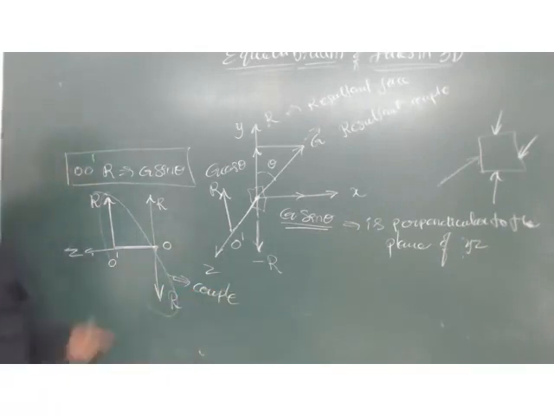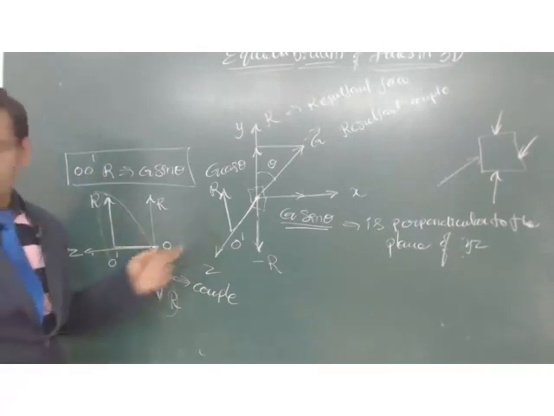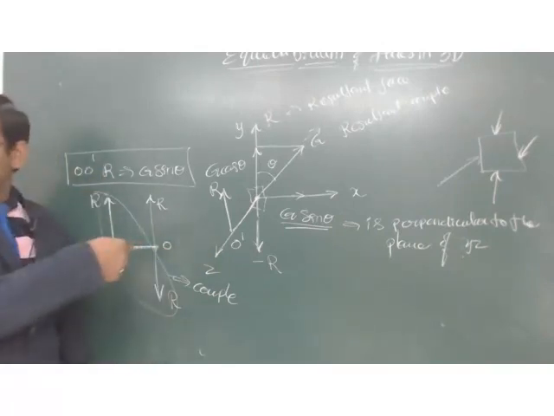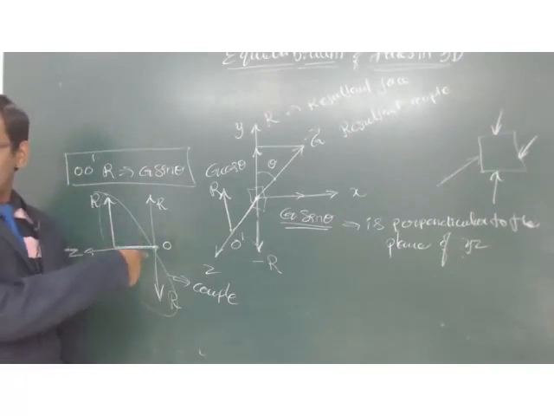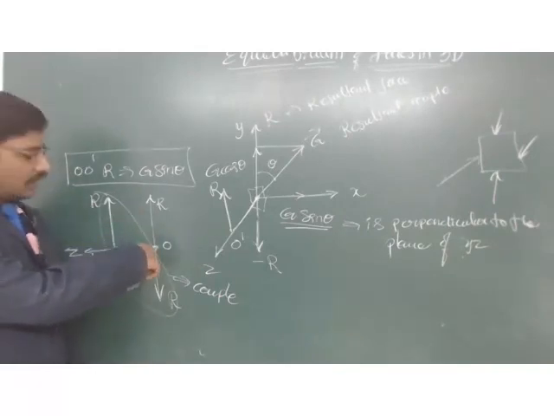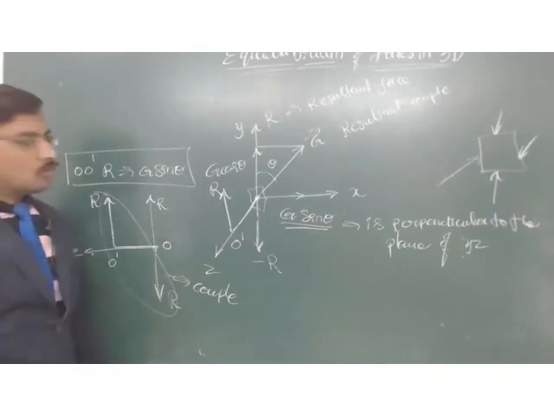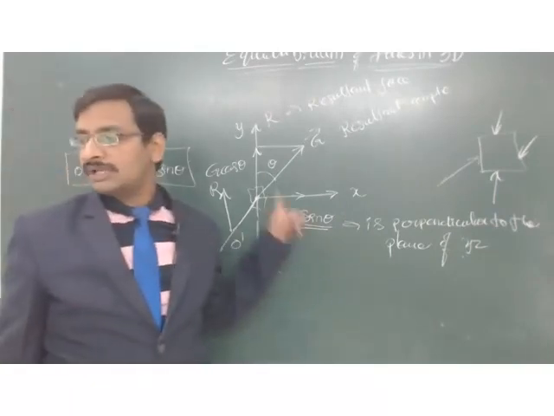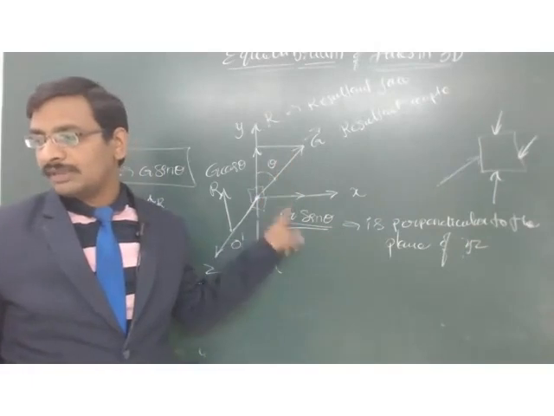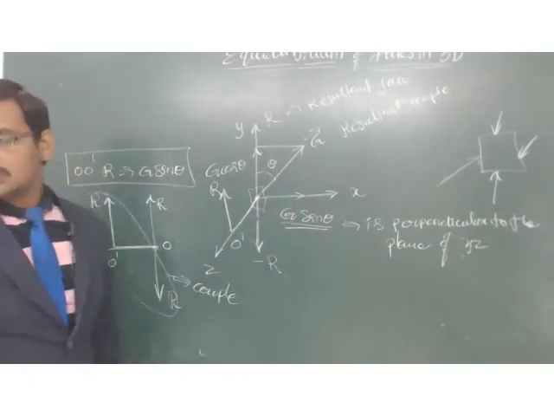And this couple, the moment, is nothing but the force multiplied by the perpendicular distance. So this is the perpendicular distance, multiplied by the force, and this should be equal to the moment, because there is a moment whose axis is perpendicular to this plane of yz. So this is the plane of yz. I have drawn an axis like this, and the moment value is g sin theta, which is a resolved component of this g. Got it? Understood or not?